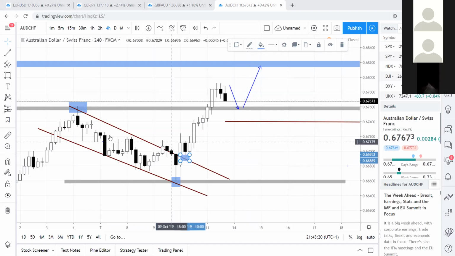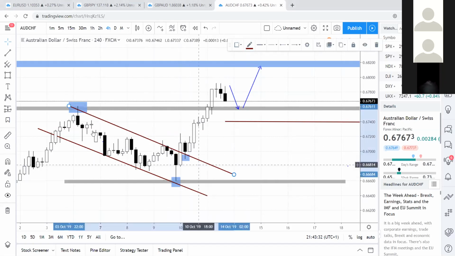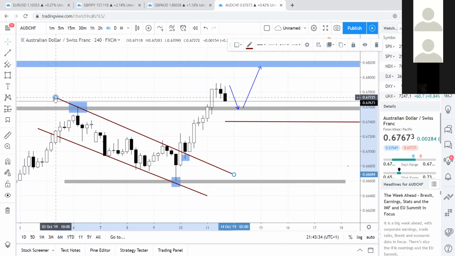Look at this one now. Buy, sell, buy, sell, buy, sell, buy, sell. Then the body of the candle actually broke the zone. So that means it is ready.